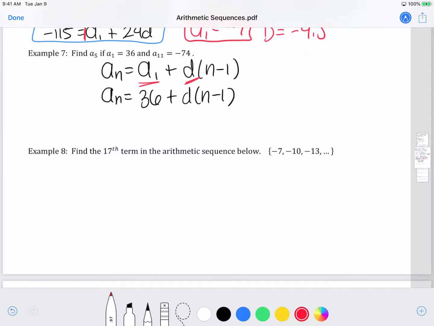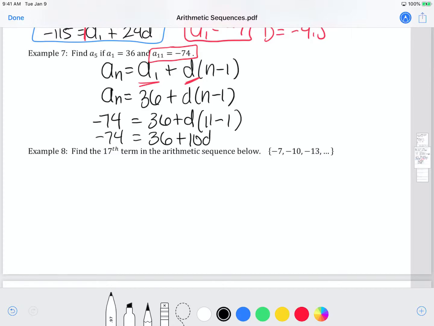Well, I can use the extra piece of information that they give me to solve for D. If I know A11 is -74, then I can plug in -74 for A11 and set that equal to 36 plus D times, since n is 11, 11 minus 1, and I can solve this now for D. So I would have -74 is equal to 36 plus 10D, and then if I finish up here solving, I would subtract 36 from both sides.